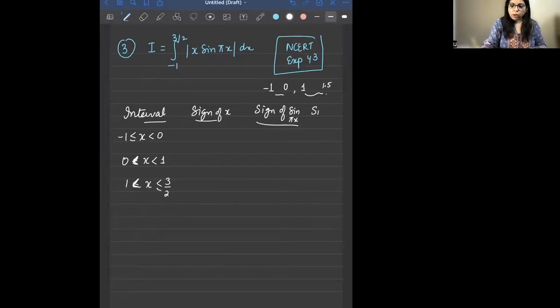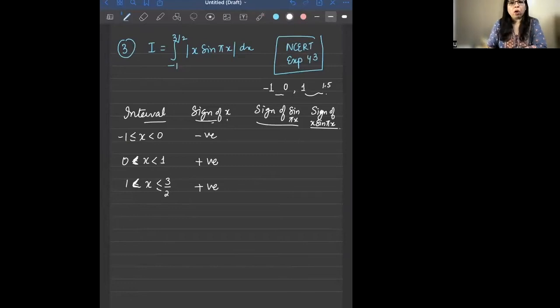So overall, on multiplying these, we will get the sign of the whole function x sin pi x. If we take the interval minus 1 to 0, all negative numbers are coming in this, so x will be negative in this interval. In 0 to 1, we can see that x is positive, and between 1 to 1.5 also x is positive.